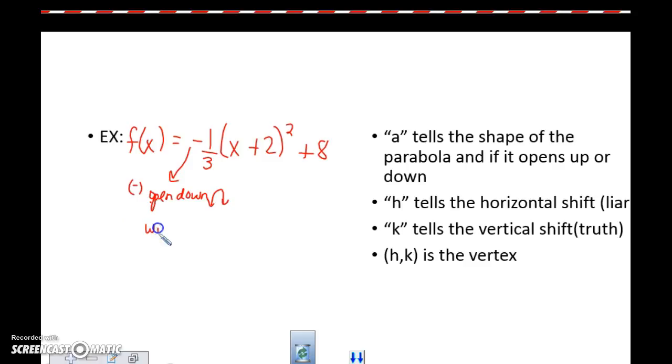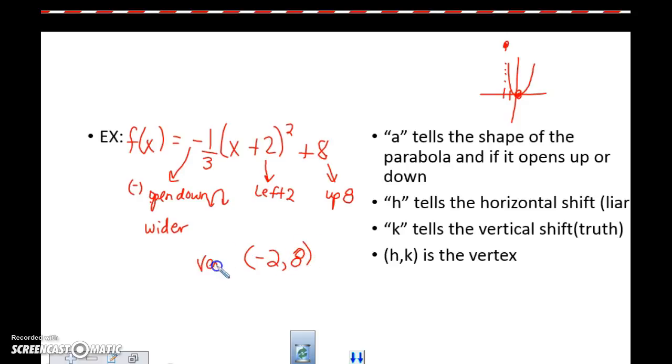It's going to get wider. This 2 is our horizontal shift. It's a liar, so we're going to go left 2. And k tells the truth, so we're going to go up 8. And again, if you think about starting at 0, 0 for your vertex, and you go left 2 and up 8, where would you be? Well, you would be at negative 2, 8, which is our vertex.